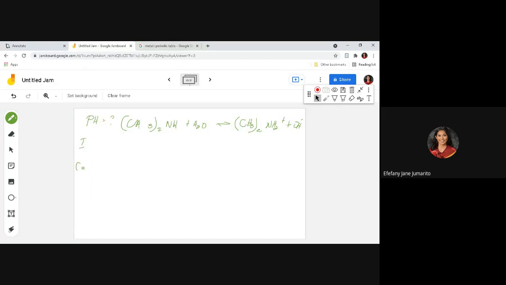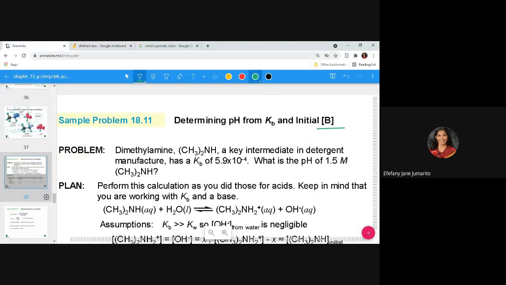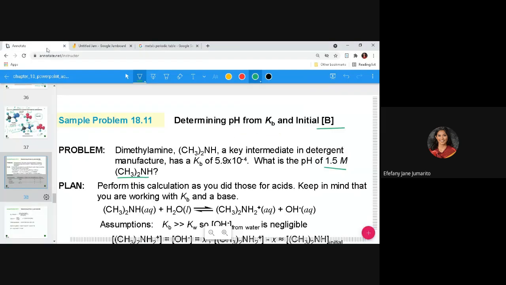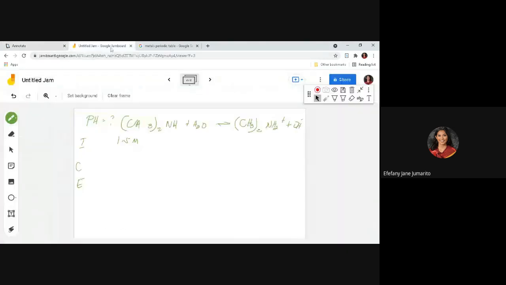Now for the initial ICE table. The initial concentration given is only 1.5 molar. The initial for the products is 0 and 0.